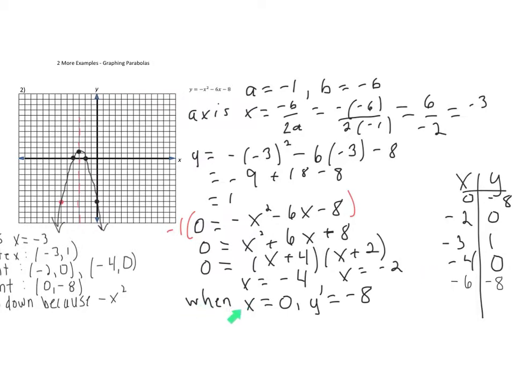And right here is finding the y-intercept point. We set x equal to 0. So you always have 0 in your chart as well. And we come up to the original up top here. So 0, 0 leaves us with -8. So here's the -8 and the -8 in the chart.